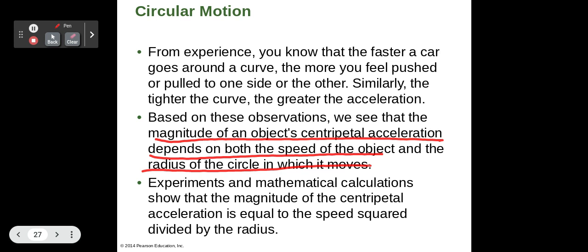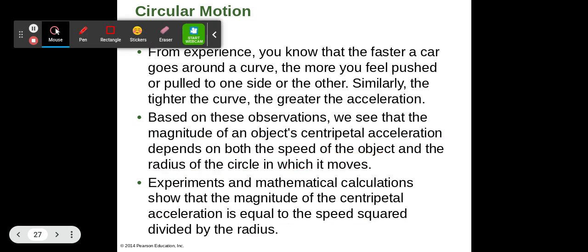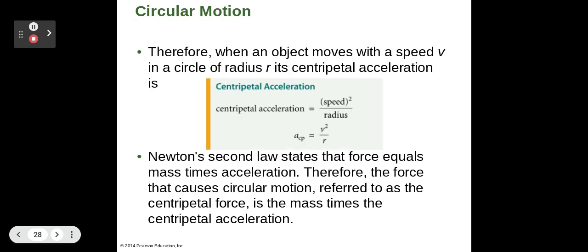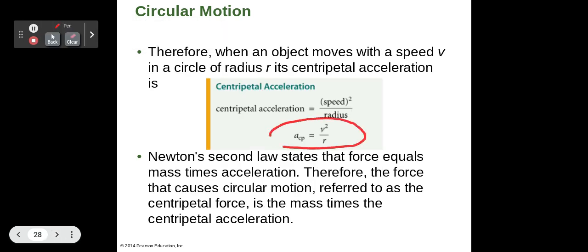Centripetal acceleration is the speed squared divided by the radius. So there is our equation. Make sure you have that memorized and you know what each of those things stands for. A_CP is centripetal acceleration, v is your linear velocity, and r is your radius.